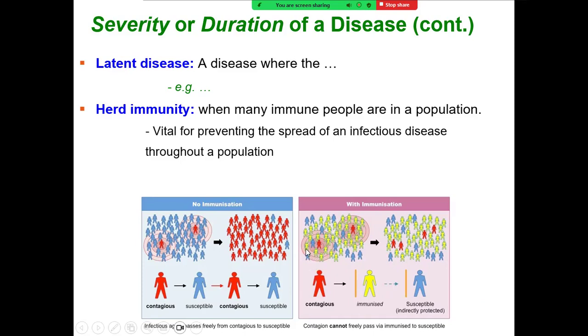And these people are immune, and so they do not get the disease. And this is herd immunity, where the herd is protecting the non-immune people from getting disease. The whole point of a vaccine is to prevent disease from spreading in the population by herd immunity.